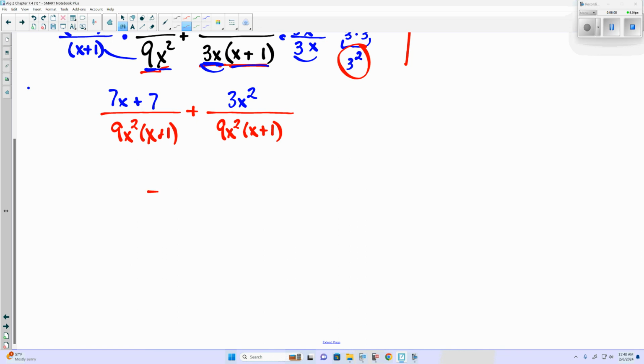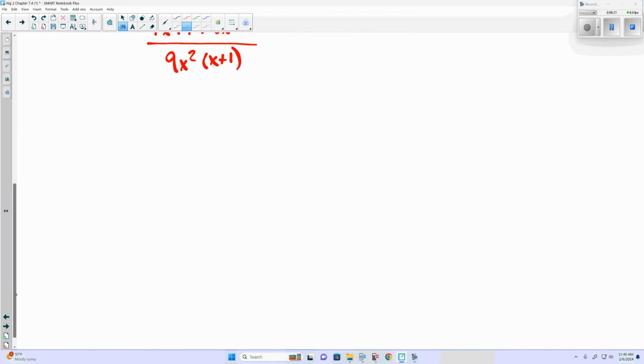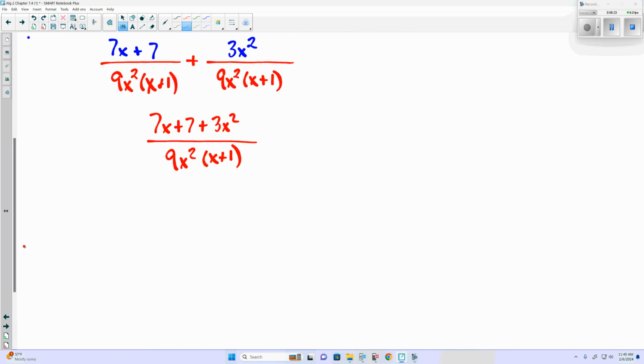Now at this point, we can add our two numerators together. We're adding our 7x plus 7 and our 3x squared. Now we can reorder this so that we have it in standard form.